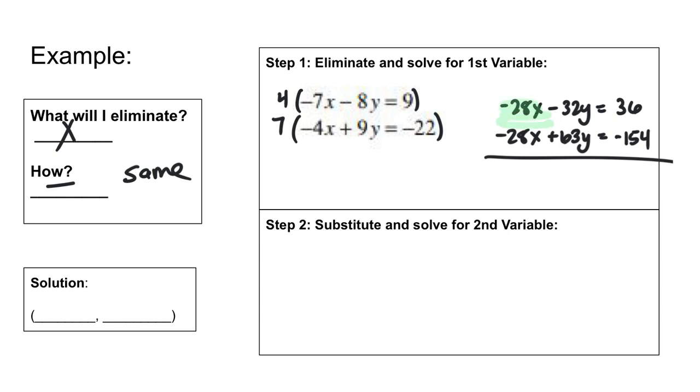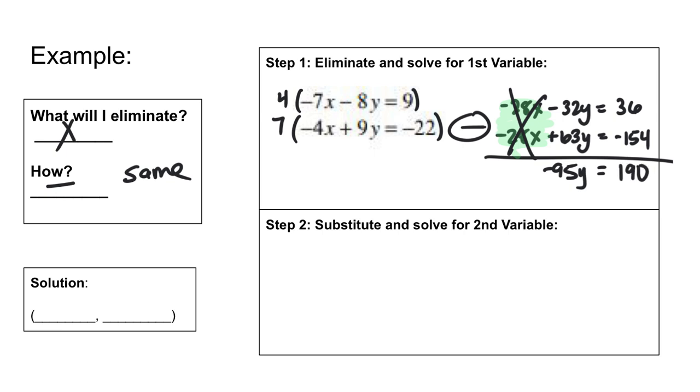And so this part is the thing that we're eliminating. We'll subtract that. It goes away. Negative 32 minus 63 is going to be negative 95y. And then 36 minus negative 154 is going to be 190.